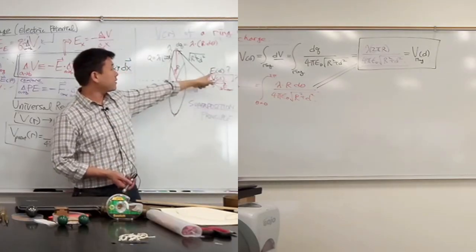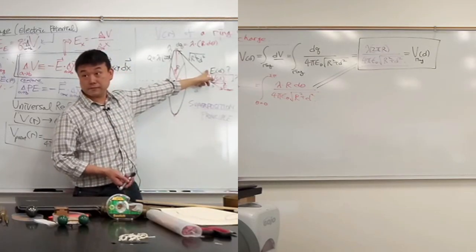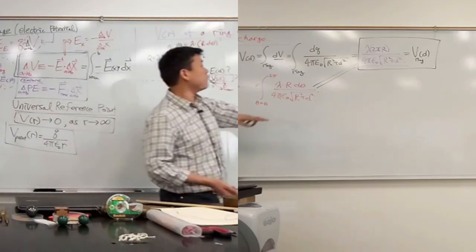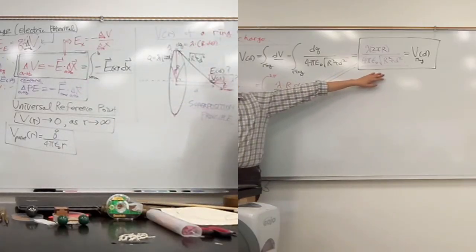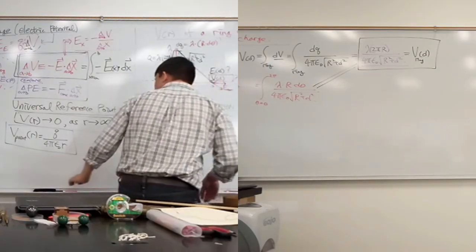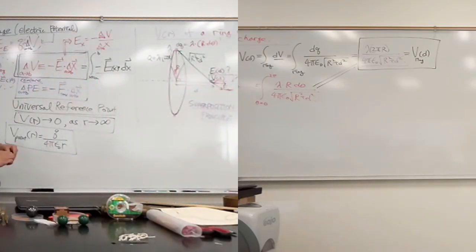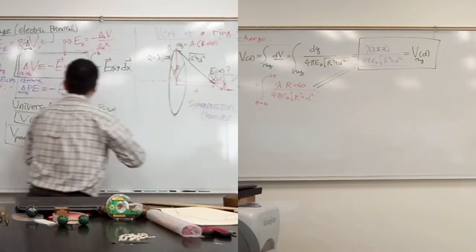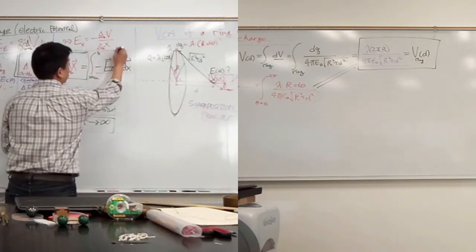Okay. So that's it. And I'm not going to go through the actual calculation, but let me tell you that there is a way to calculate the electric field if you know the full expression for voltage. I guess we don't use it as often as we should. It comes down to using this expression here.